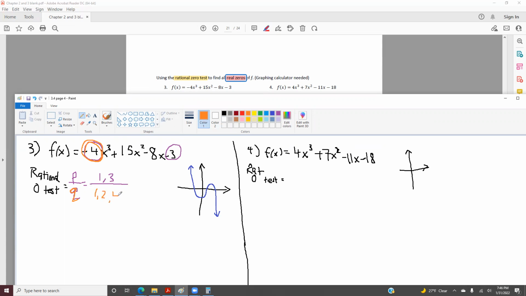So now give me all the combinations of these rational zeros here. So when you divide this, what do you get? The plus minus 1, 3, a half, 3/2, 1/4, and 3/4.